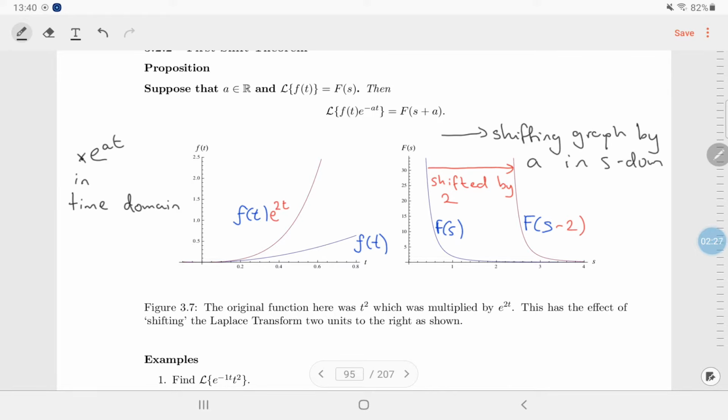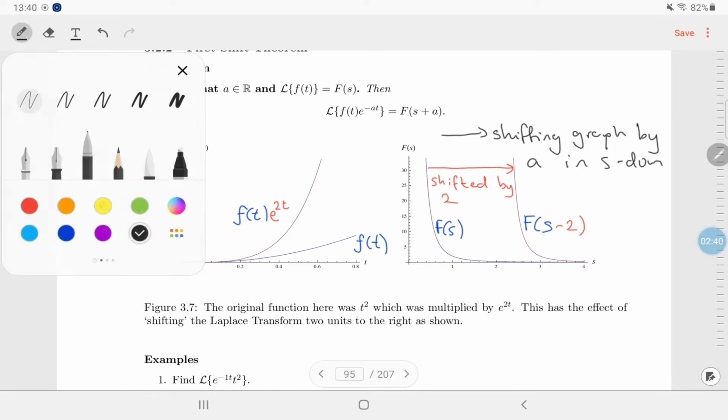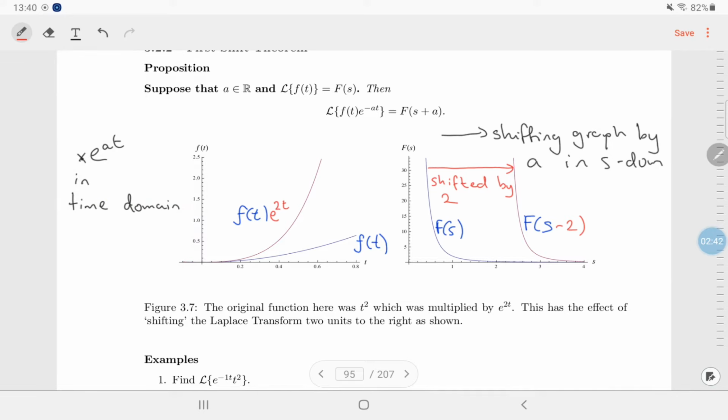Okay, so what we're actually eventually going to be doing is going from t to s, but we're also going to be coming back from s to t. And what we're going to be doing, and it's going to be very difficult, is recognizing that we have what's called a shifted version of a Laplace transform.